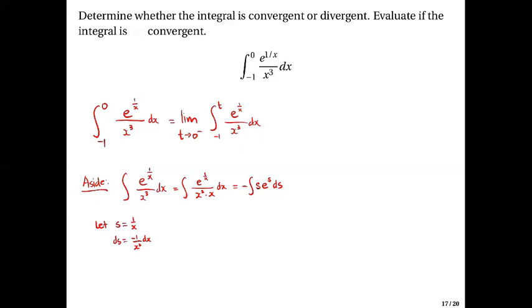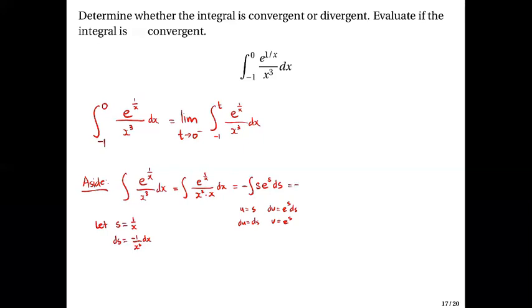And then from here, we'll just use integration by parts. So let u be equal to s, by LIATE, and dv be equal to e to the s ds. Then du is ds, and v is e to the s.